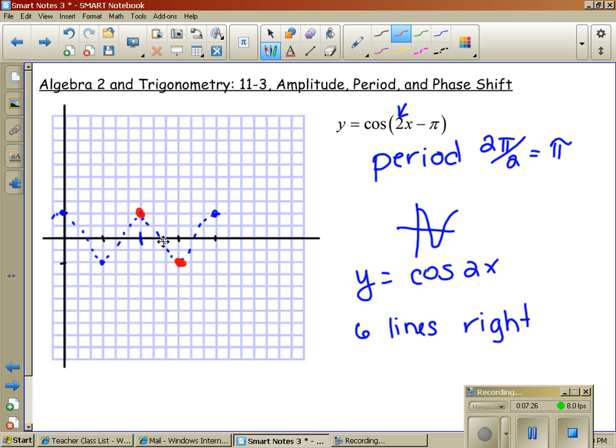Take this point. 1, 2, 3, 4, 5, 6. This point, 1, 2, 3, 4, 5, 6. And this point I didn't do. This one, shifting 6, would be right here.